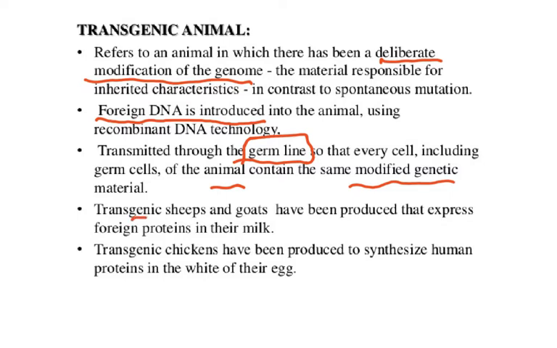Now, why are we doing this to sheep and goats? Because they express the foreign proteins in their milk. Transgenic chickens have been produced to synthesize human proteins in the white of their egg. So please understand what transgenic animals are.